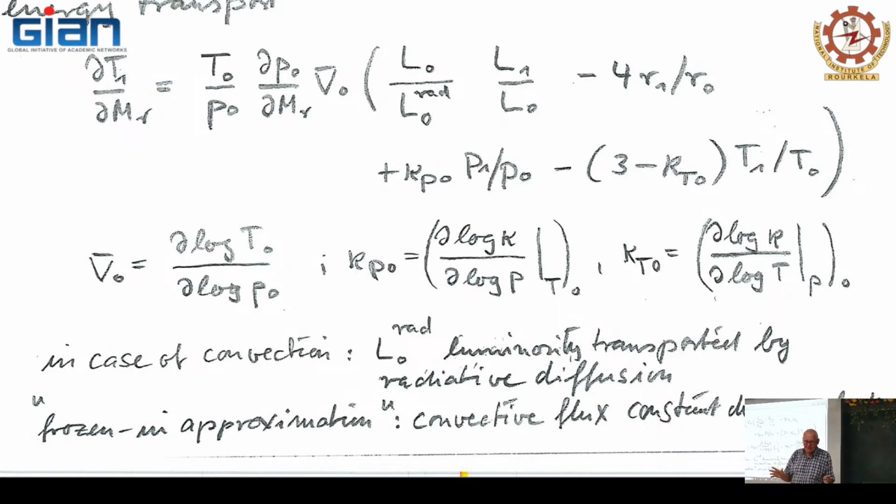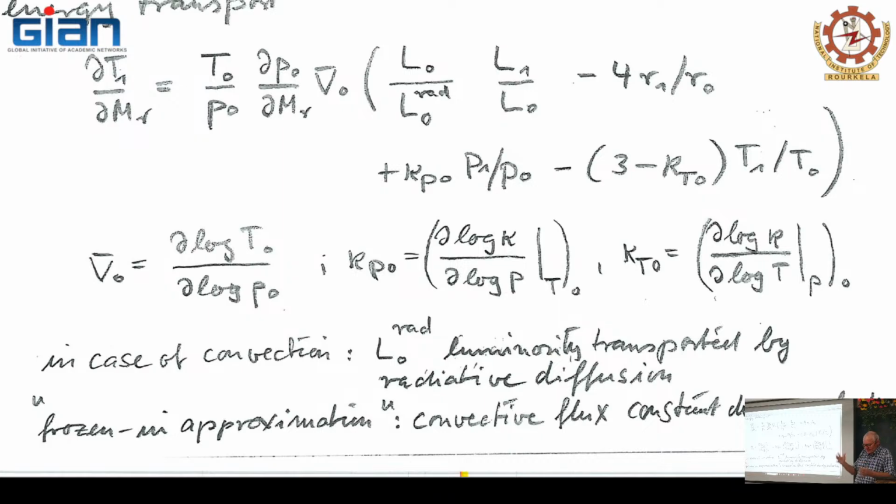But convection, again, is a big problem in stellar pulsation and in stellar evolution, and there are more or less plausible assumptions to treat convection in the framework of both stellar evolution and stellar pulsation theory. So this is the result of the linearization of our equations.